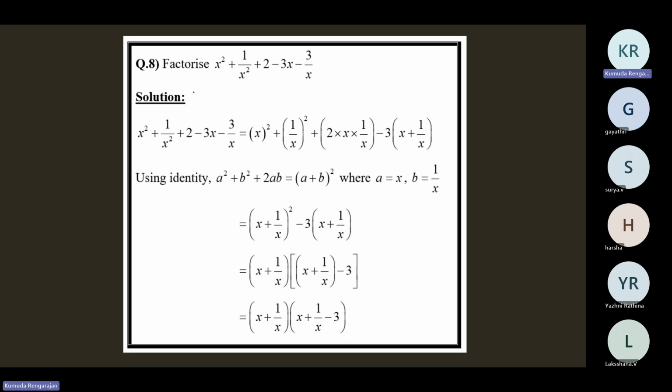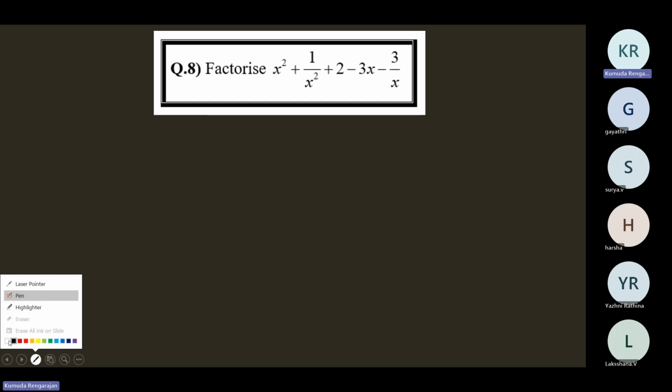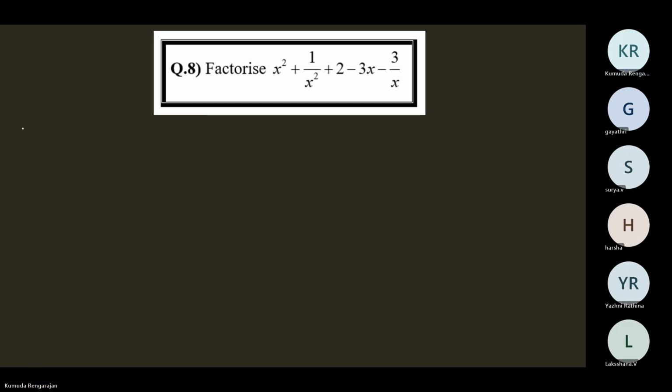You could just include this step, and let me work it here for you. So x squared plus 1 by x squared plus 2 minus 3x minus 3 by x is equal to x squared plus 1 by x squared plus 2 in one bracket, minus.